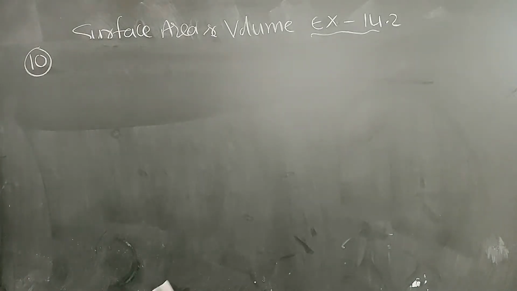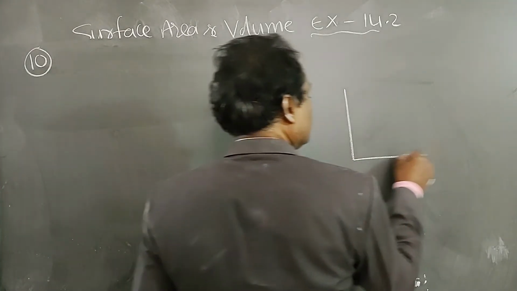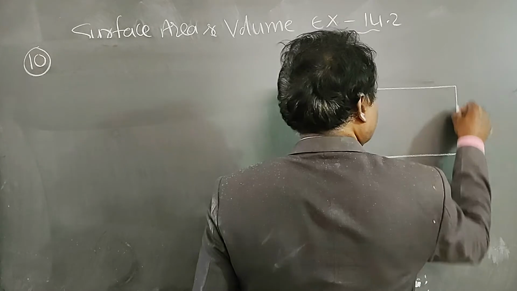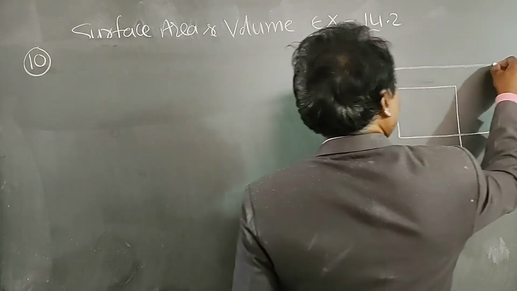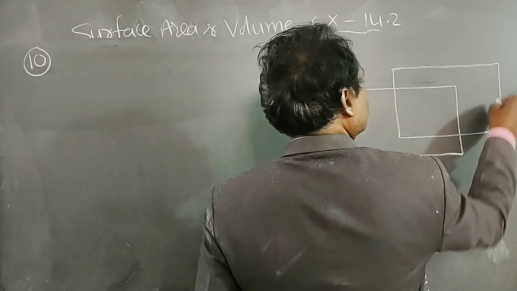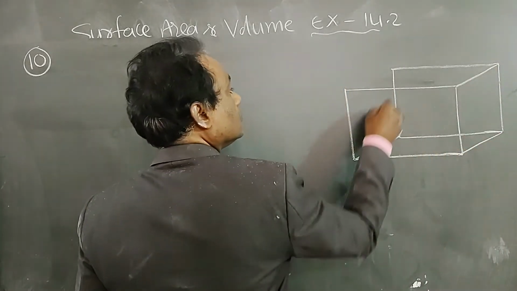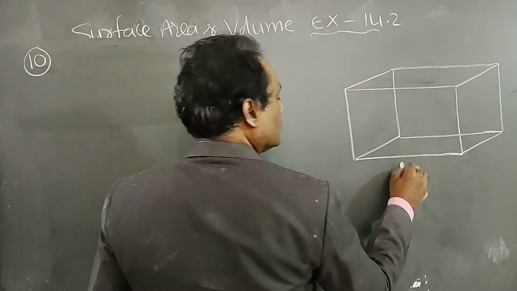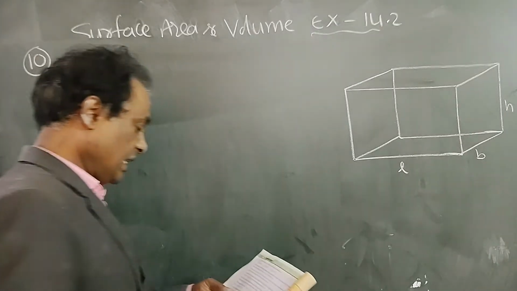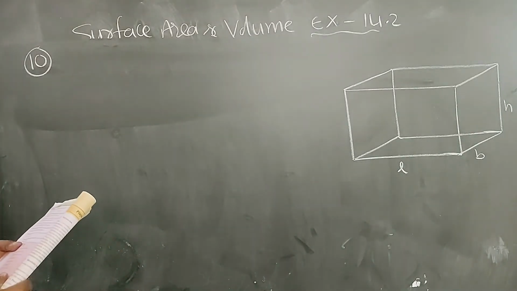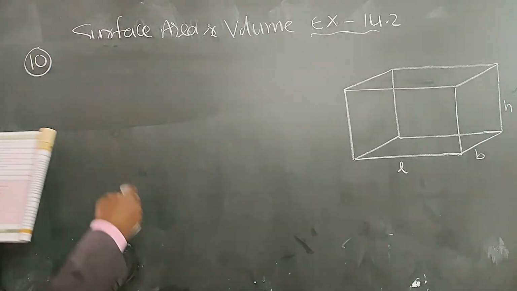A vessel is in the shape of a cuboid, 30 centimeters long.